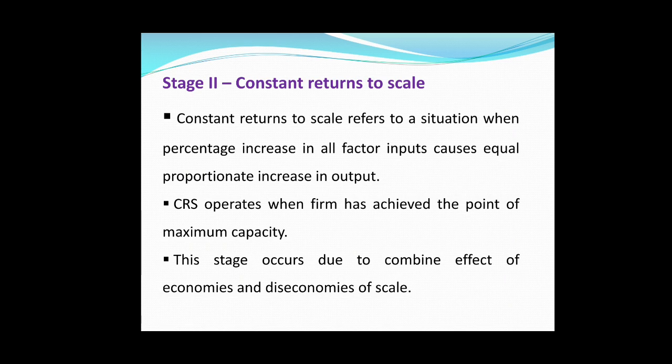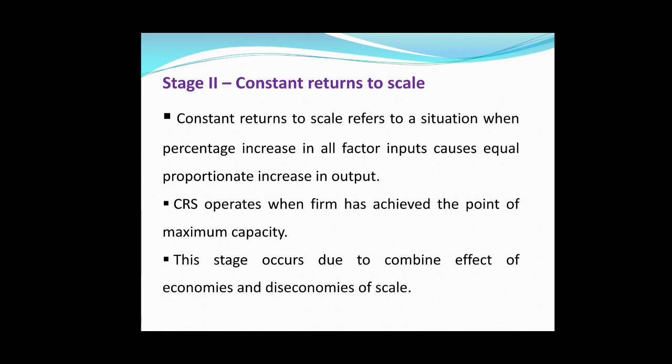Diseconomies of scale is the opposite of economies of scale, and these are the cost disadvantages that accrue to firms due to an increase in organizational size beyond their maximum capacity, which results in production of goods and services at increasing per unit cost, or we can say at increasing average cost.